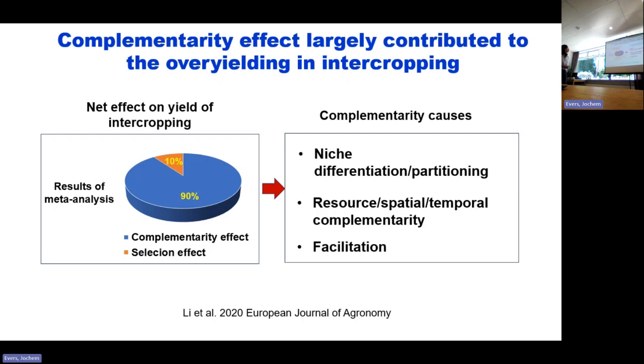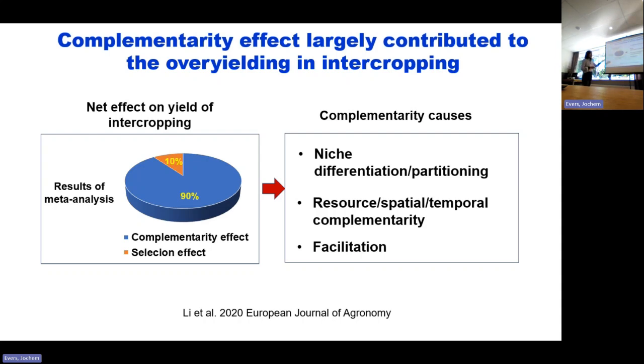So what about the mechanisms? Still with a meta-analysis done by me and Wolfgang, we showed that the complementarity effect largely contributed to the overyielding in intercropping. This complementarity effect is also calculated with a formula. Actually, that is a quantification of the outcome, but not of the mechanisms.